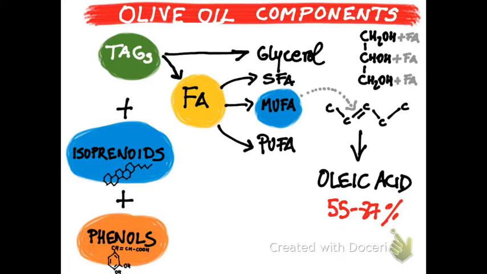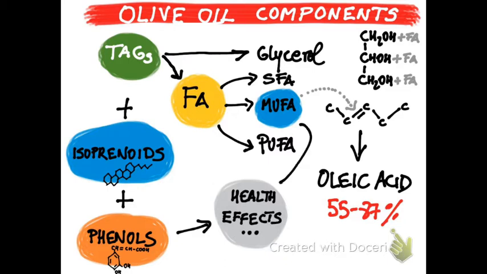But the most interesting is the presence of isoprenoids and phenols. Both of them usually can work like active molecules and show a specific effect to improve health. Isoprenoids, phenols, and also polyunsaturated fatty acids and monounsaturated fatty acids that are typical of triacylglycerol in olive oil.